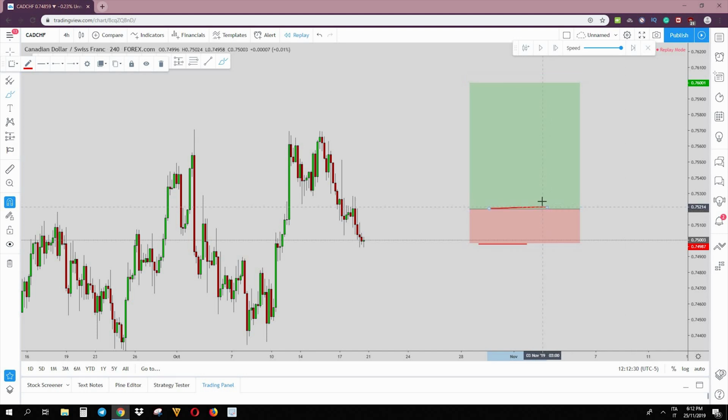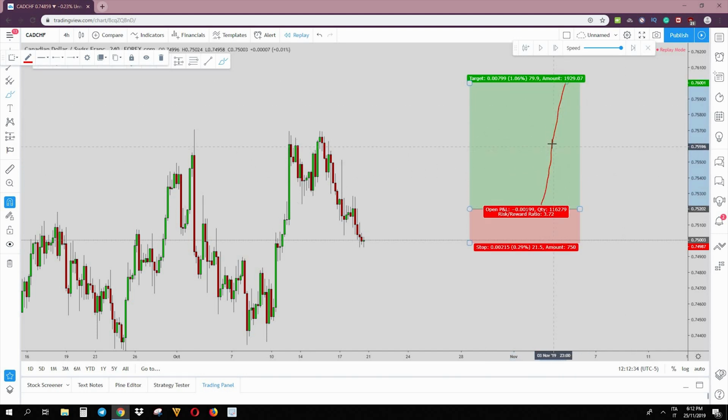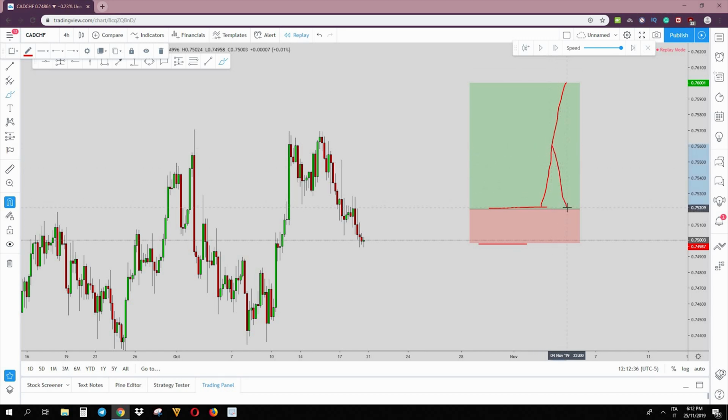You then just let the trade run to your take profit or to a break even trade. After you went risk-free, you let the trade do its job: either it goes to take profit or takes you out break even.